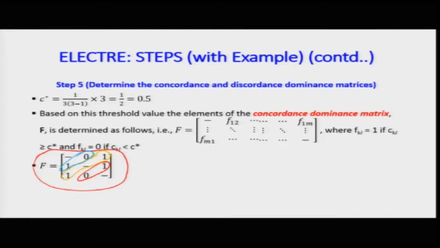But when I am comparing A2 to A1, that means I am taking the reverse decision, going to the other side of the fence, then my overall satisfaction for taking A2 is definitely positive and above the threshold value, and hence I give a value of 1. That means, given the concordance concept without going to the discordance concept, I would always prefer 2 with respect to 1 based on all the criteria which I have.